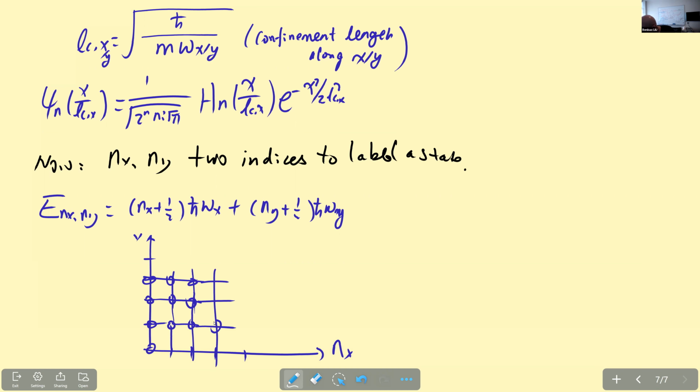Each of these gives you a state, and the energy is just a summation of these. Right. So these are the states labeled by m_x and m_y. Okay.